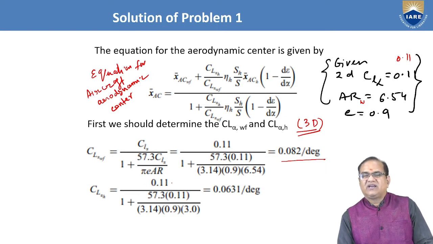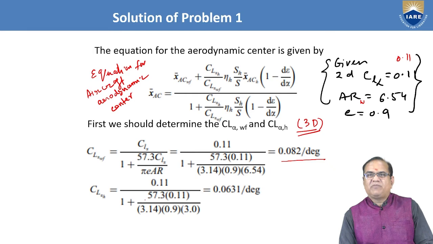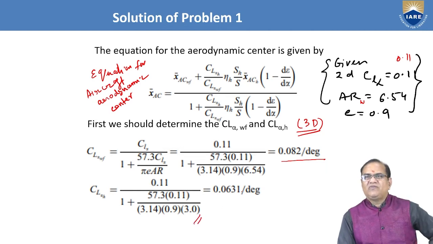In the same way, if you want to find the 3D CL alpha H, it is 0.11 divided by 1 plus 57.3 times 0.11 divided by 3.14 times 0.9, and the aspect ratio here is 3. So we will get 0.0631 per degree. This is for the tail and this is for the wing.